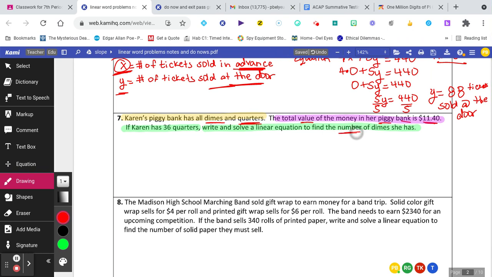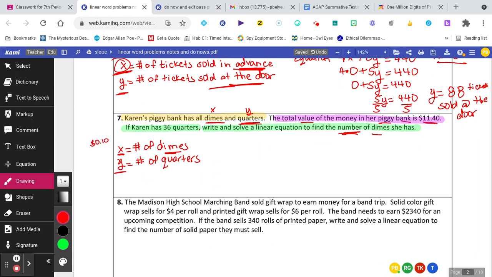So my variables are going to represent the number of something, either the number of dimes or the number of quarters. So I'm going to let X be the number of dimes. And I'm going to let Y, which is thing 2, be the number of quarters, okay? And then the coefficient of the X is usually a value associated with it. What is the value associated with a dime since it didn't give us any other values? The value associated with a dime is 10 cents.